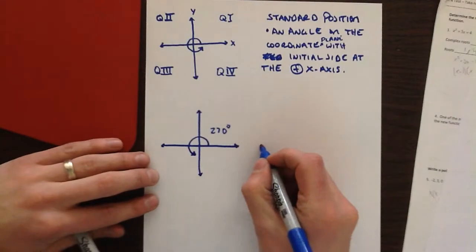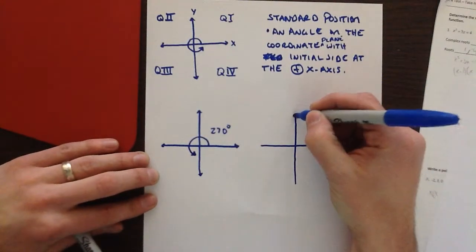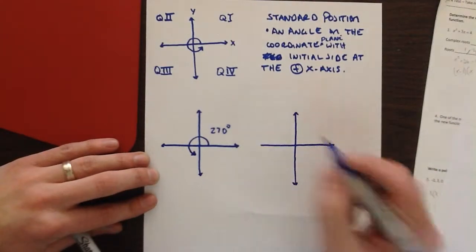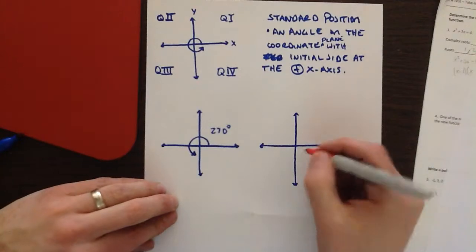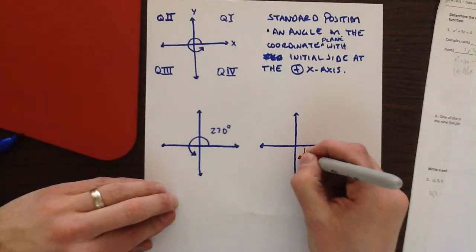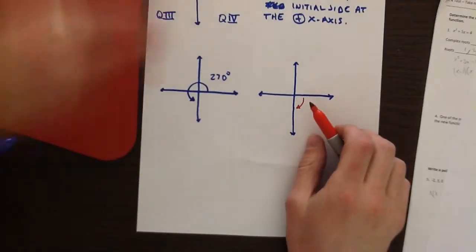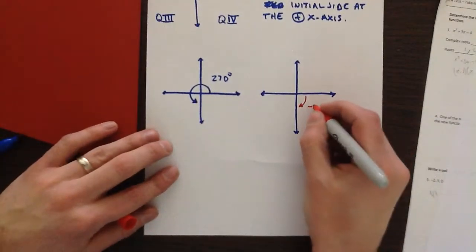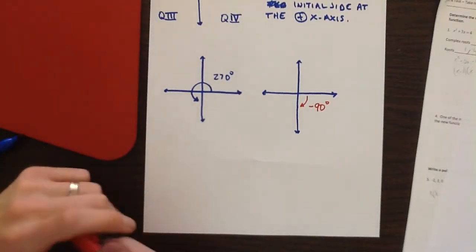On the other hand, if we start at the positive x-axis and rotate down, what was that angle? It is negative 90. So direction matters.